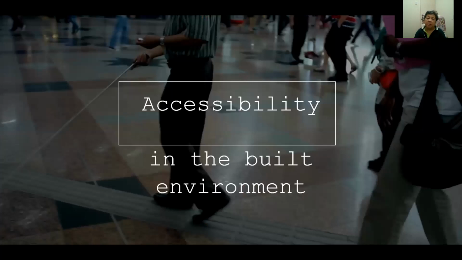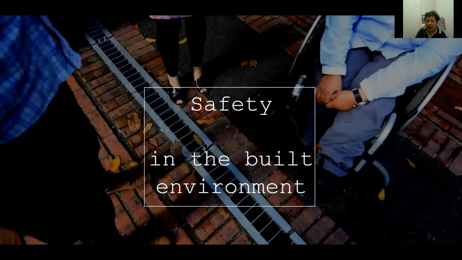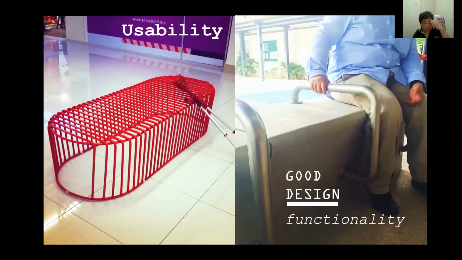So when we talk about barrier-free principles, after Satoshi Kose in 2000, we talk about three things: accessibility, safety, and usability. And I have been trying to marry these barrier-free principles with universal design, and looking at functionalism, functionality more than anything, the word function, which is a good design.